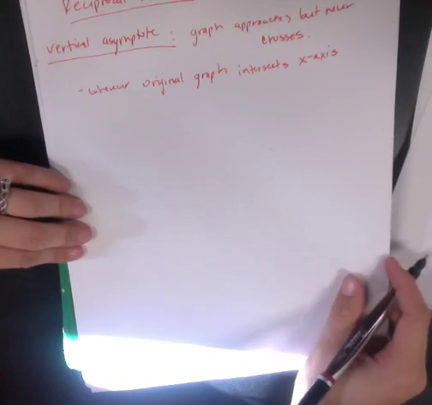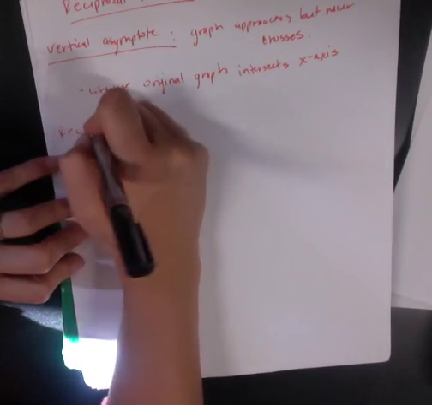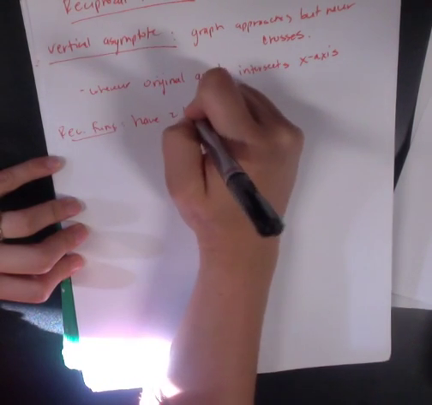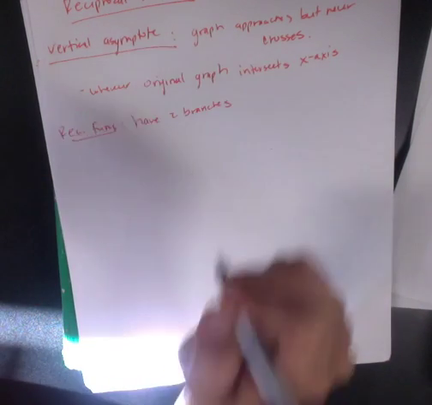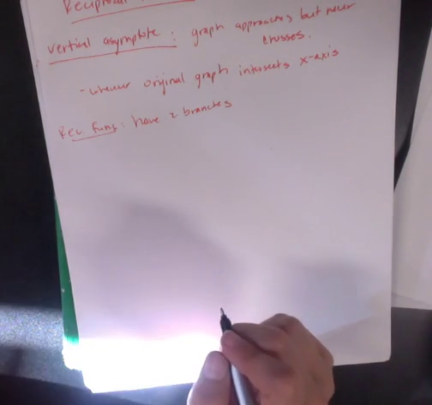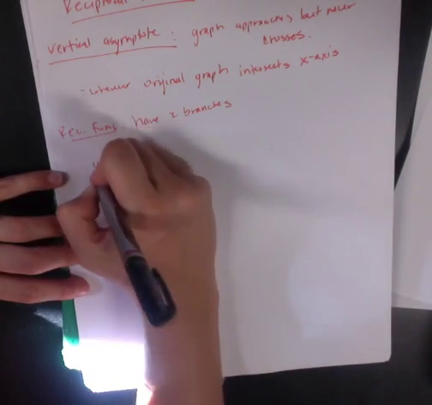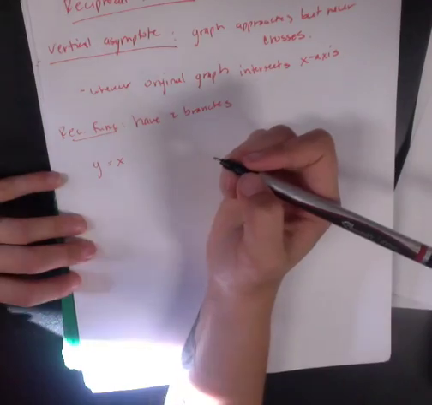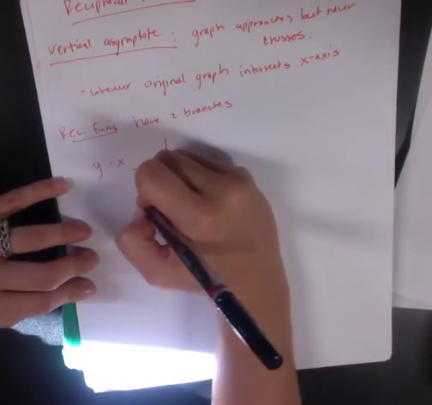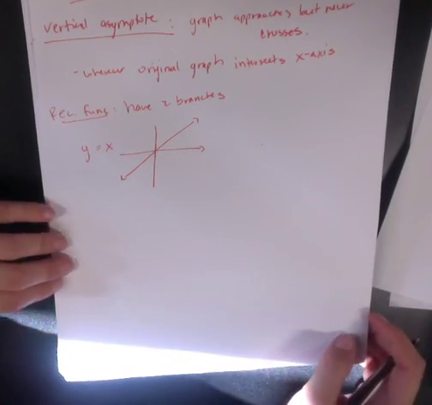Okay, and we know that our reciprocal functions have 2 branches. Okay, 2 pieces. So let's look at y equals x. We should know what this looks like. I'm just going to sketch it for you. This is y equals x.